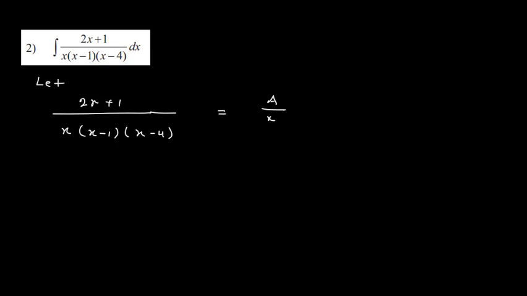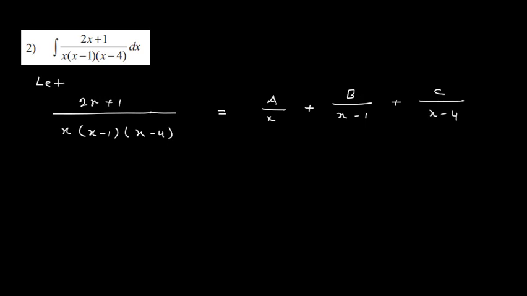Now here, this is your second question. So here what we can say is, let (2x plus 1) divided by x into (x minus 1) into (x minus 4) be equal to a divided by x plus b divided by (x minus 1) plus c divided by (x minus 4).